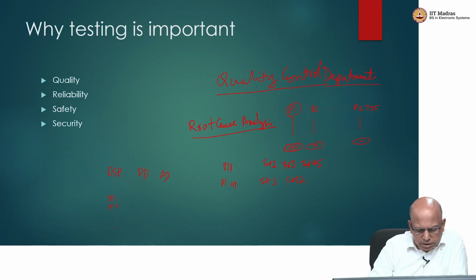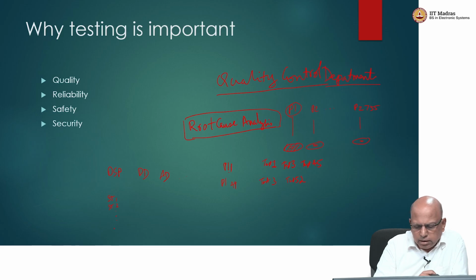Is it because the syllabus was changed, upgraded, or the textbook that was selected was a very difficult textbook? There may be several reasons, and they have to understand the root cause, and that root cause may have to be fixed, and after that it is expected the quality will improve, meaning the number of failures will come down. So, that is root cause analysis.